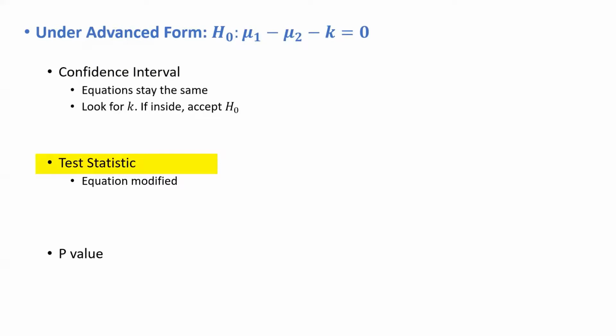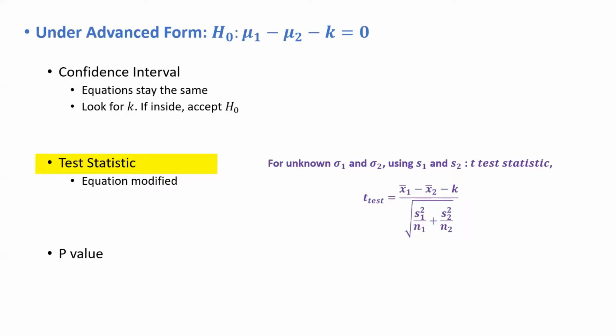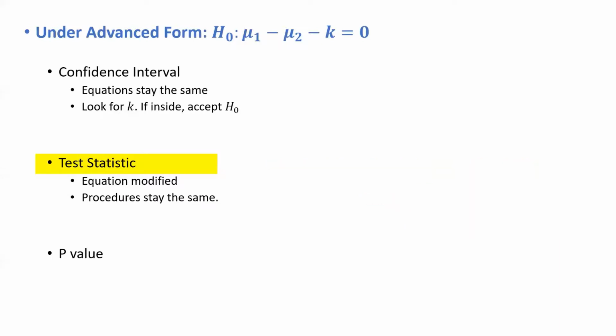For known sigma 1 and sigma 2, the z statistic is given here. For unknown sigma 1 and sigma 2, we have to use the sample standard deviations S1 and S2 and obtain a t-test statistic. Except the equations of the test statistics, the test procedures, i.e. comparison with the critical values, stay the same.